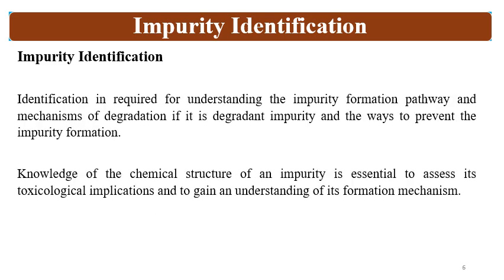Impurity identification is required for understanding the impurity formation pathway and mechanism of the degradation if the unknown impurity is degradant impurity. Also, after identification, the possible ways to prevent the impurity formation can be studied, and the impurity formation can be reduced or prevented.